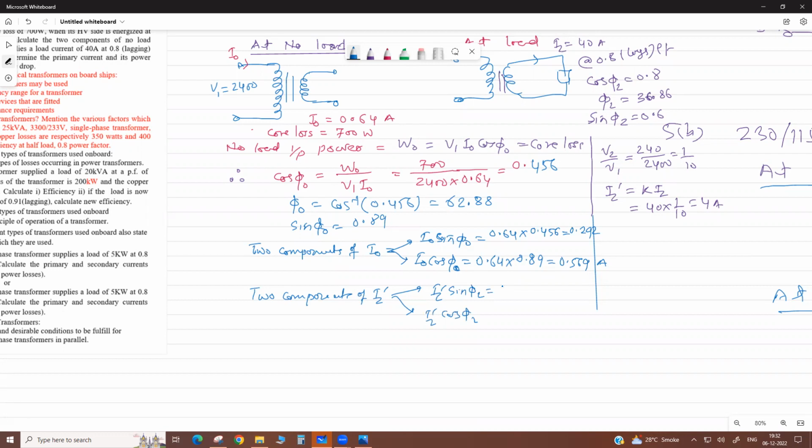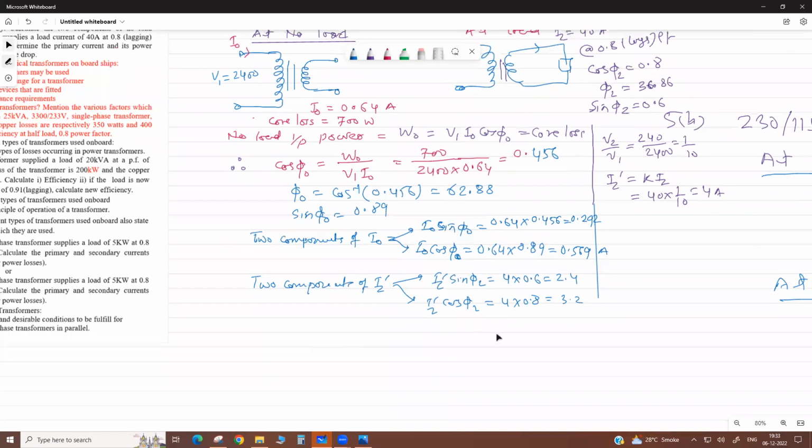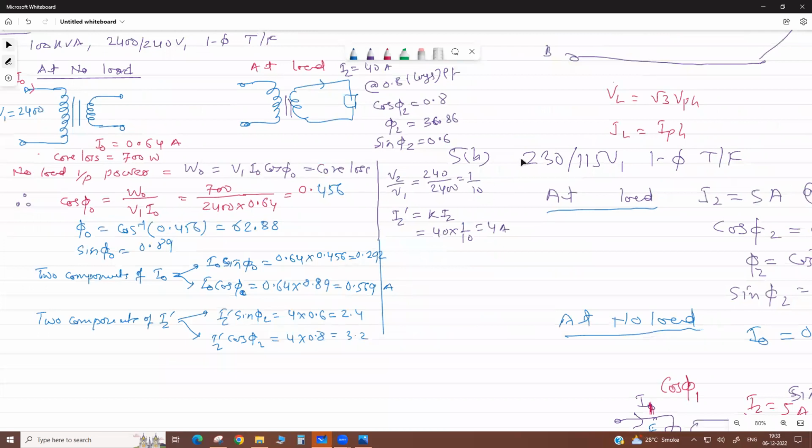So I2 dash means 4 into sin phi 2, which is 0.6, giving 2.4, and 4 into 0.8, giving 3.2.